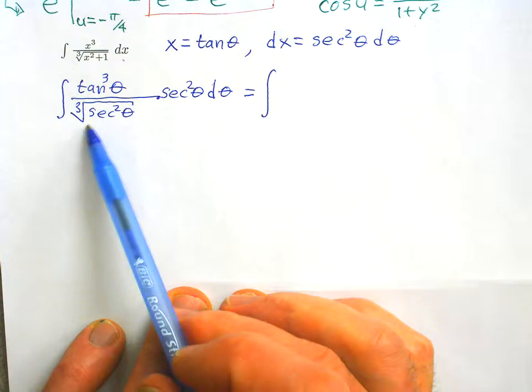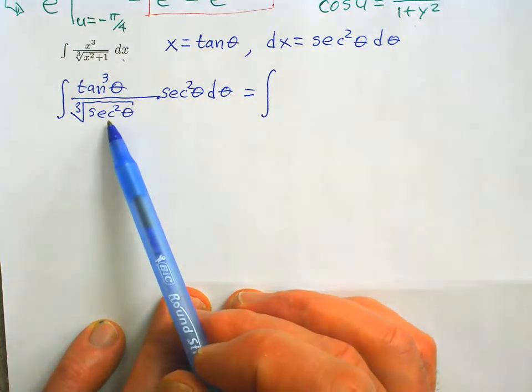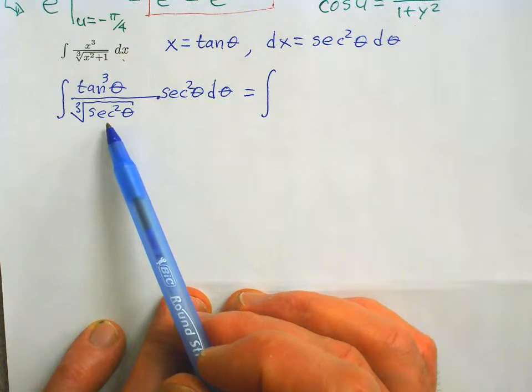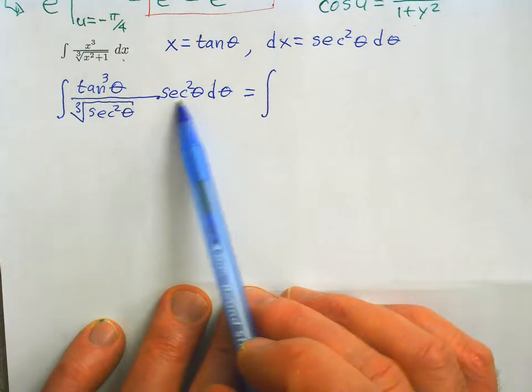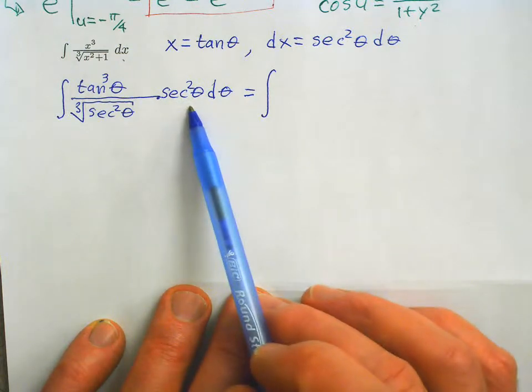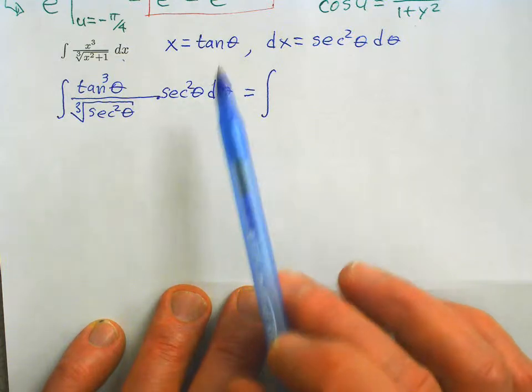Okay, the cubed root of secant of theta squared is equivalent to secant of theta to the 2/3 power. And this secant of theta squared is equivalent to secant of theta to the 6/3 power.